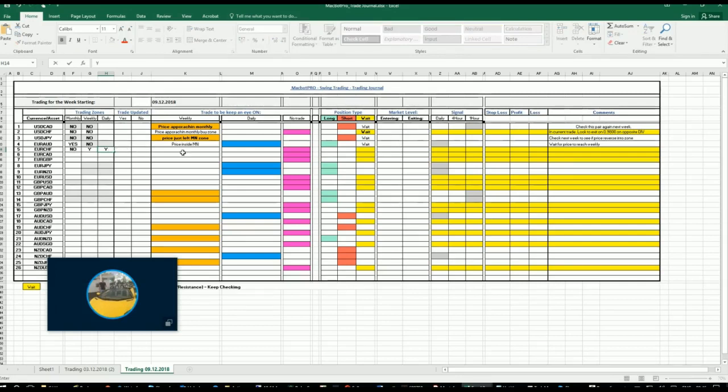Okay, then go to the daily. Go where it says daily comments, just say daily inside weekly. Then go to position type.